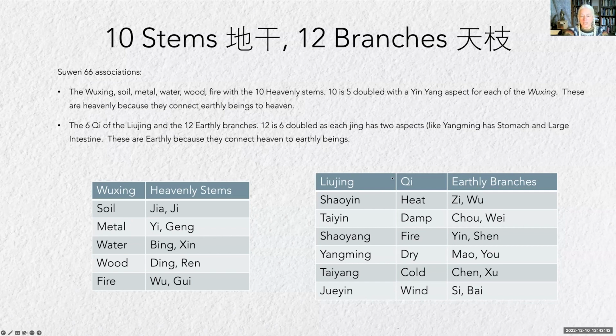Whereas the 6 chi of each of the 6 jing, again, that doubled is 12. And of course, we have the 6 doubled because we have Shao Yin is heart and kidney.